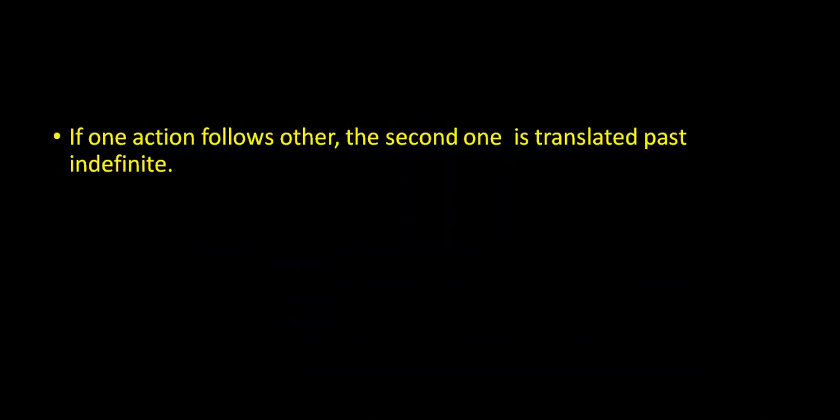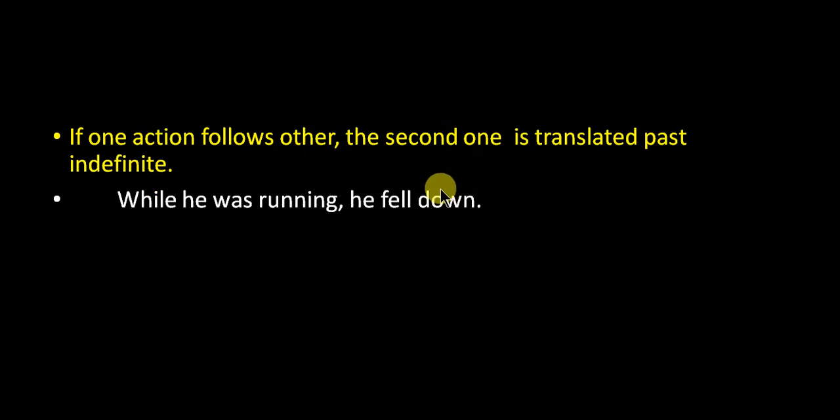See the next example. If one action follows the other, the second one is translated into past indefinite. Yes, dear student, if one action follows the other action, the second one is translated into past indefinite. For example, while he was running, he fell down. So this is the second action that followed the first one.